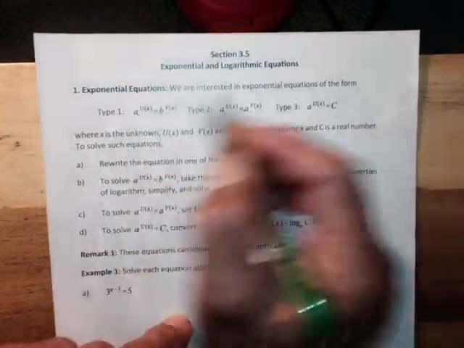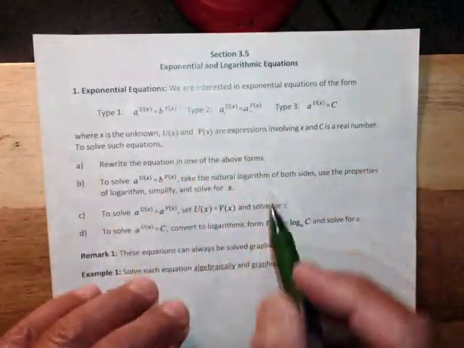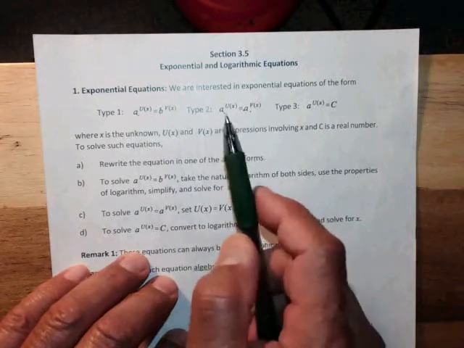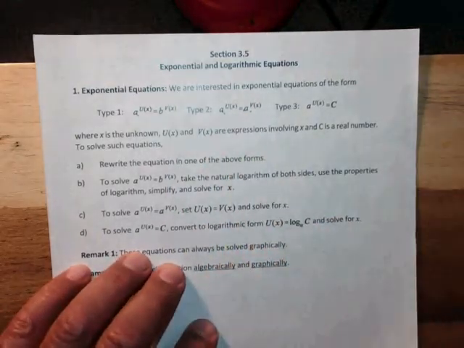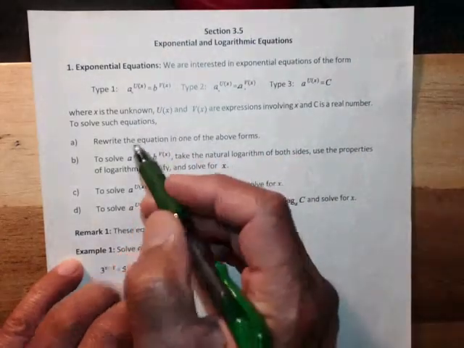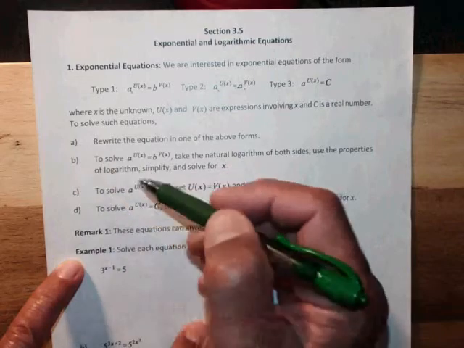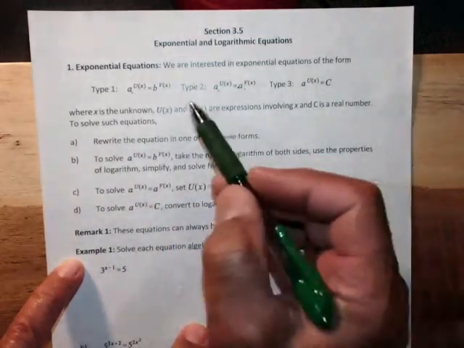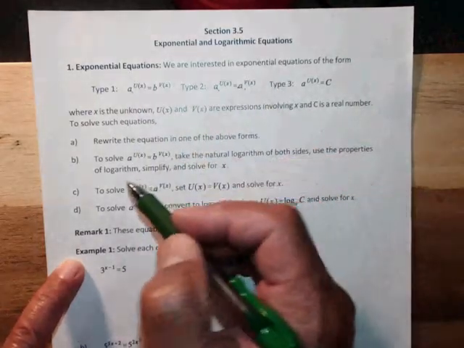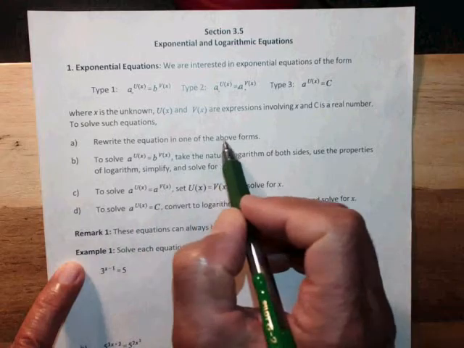The first thing you do for solving such an equation is figure out which type the given problem is. Then you use a particular approach for each type to solve. So let's look at items A to D that outline how to find the solution of an equation of type 1, 2, or 3. First, we rewrite the equation in one of the above forms.